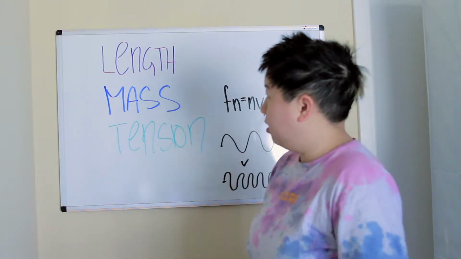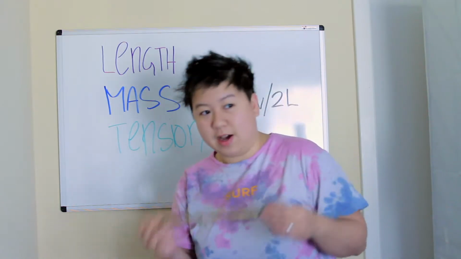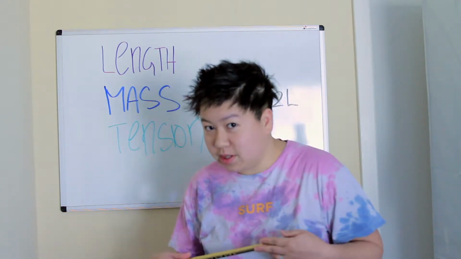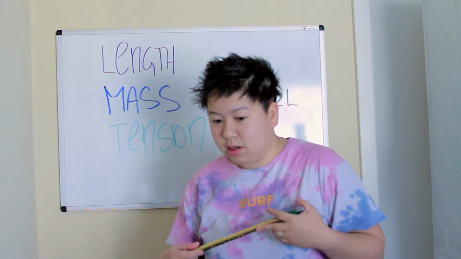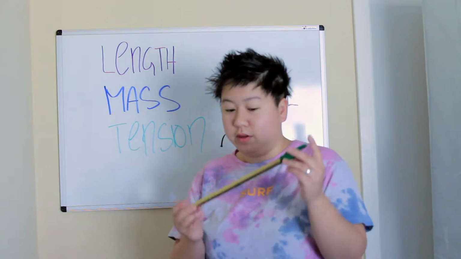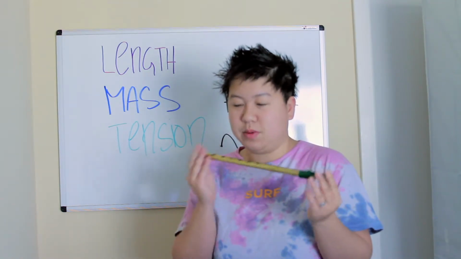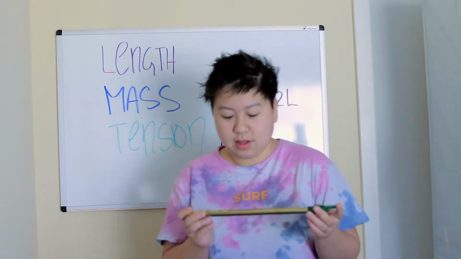Length. The length of an object defines how much air or gas is displaced at the speed of sound. Like a flute, this is a small flute. The length of it is pretty small in comparison to a bassoon or a tuba.